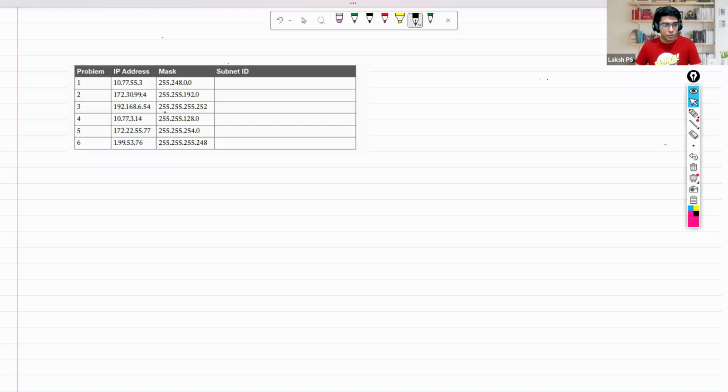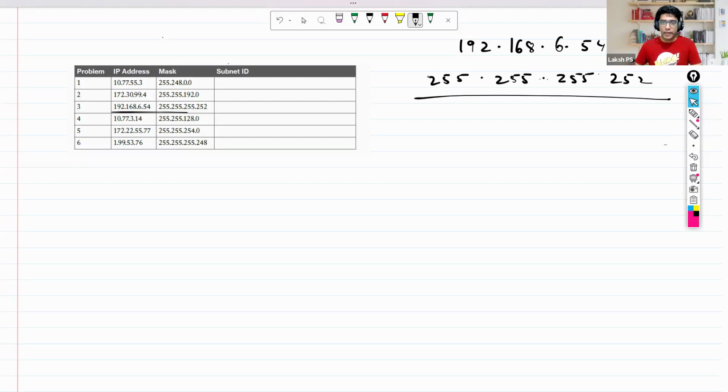Okay. So the third one, 192.168.6.54, with address mask 255.255.255.252, right? So for the network ID, wherever there is 255, copy that value, 192.168.6. This is what we have got. Now we need to find out the fourth octet.